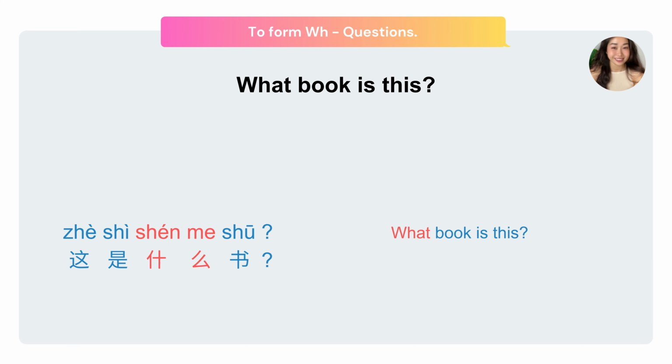Okay, so the translation would be 这是什么书? And of course, don't forget the question mark at the end. So this is how we form WH questions.